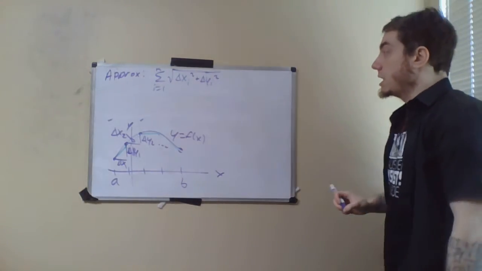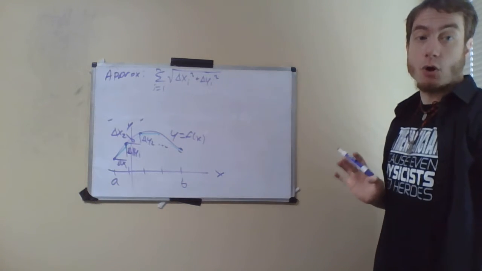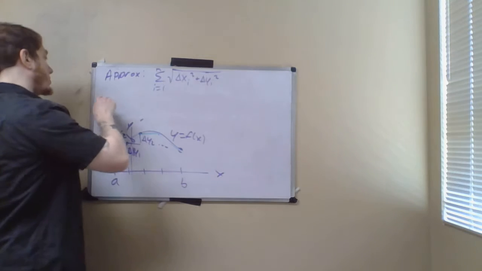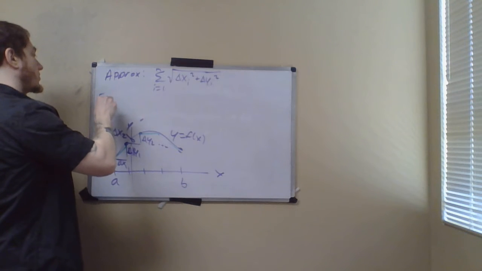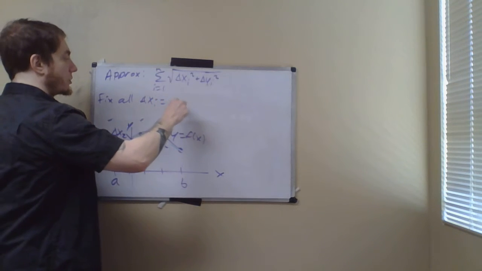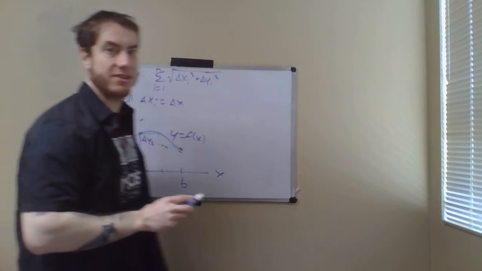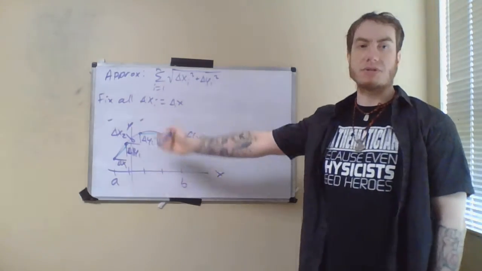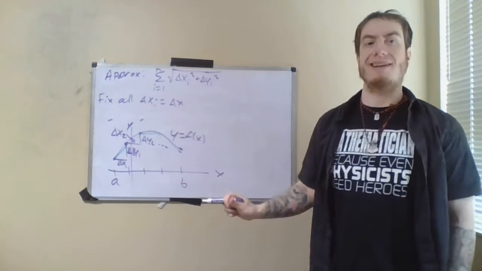Now, there's two different ways that I can go at this point. And I'm going to show you the one for x's. So let's suppose that we fix all the delta xi's to be equal to one fixed delta x. In other words, we take the intervals to be equally spaced along the x variable.